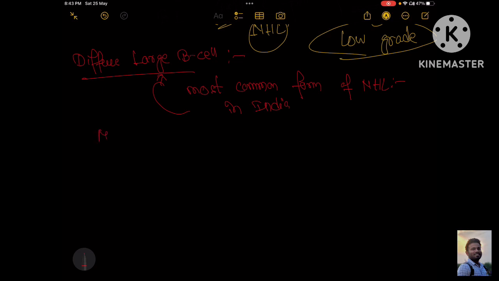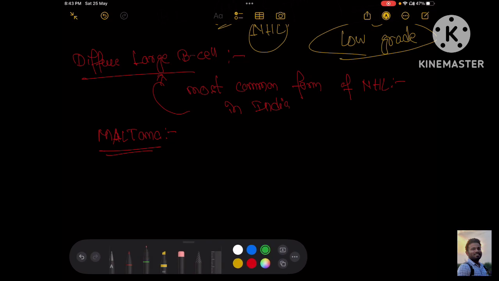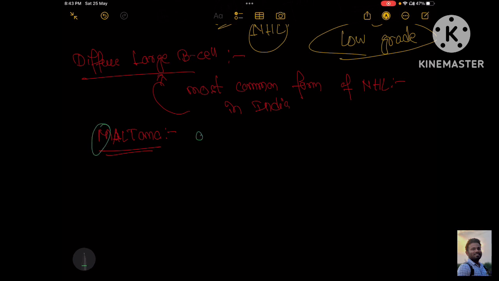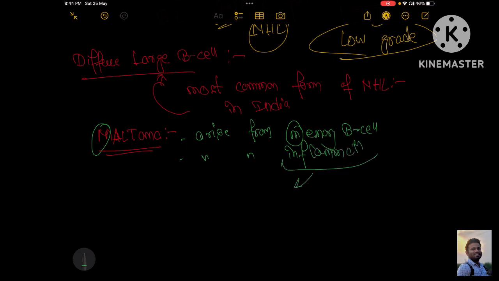Next is MALToma. MALToma arises from memory B cell. It arises from inflammation. In inflammation, H. pylori infection, Sjogren syndrome, Hashimoto thyroiditis.